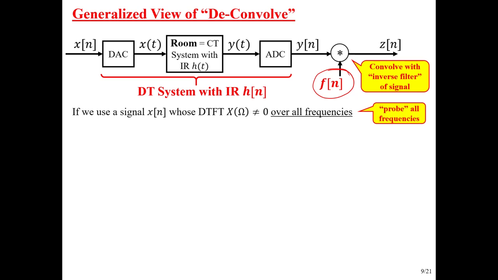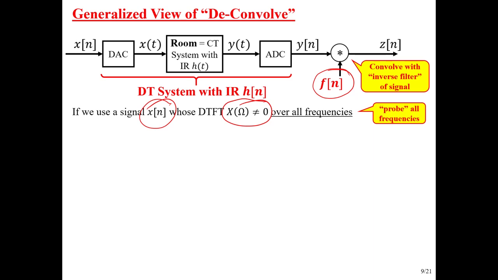Well, the first thing we need to know, this is pretty clear, is whatever x of n is, doesn't necessarily have to be flat, but it can't be 0 at some frequencies. Okay, it has to be non-zero over all frequencies. Because if it's 0 at some frequency, then we're not probing the system at that frequency, right?